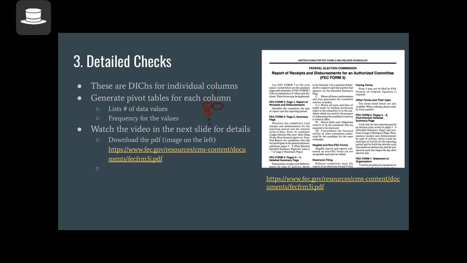To give you more examples, let's say you're looking at a column about contributions for campaign elections, and you have who has contributed to it, and one of the columns gives information about the city where it is coming from.